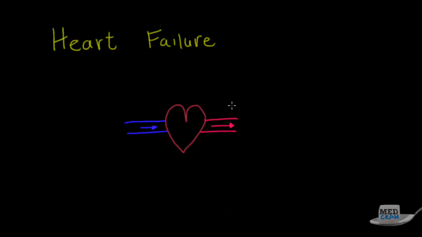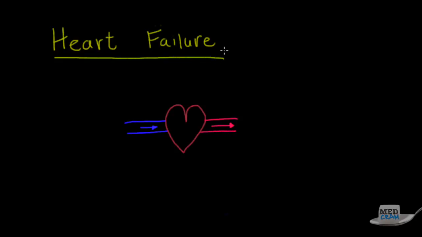Of course, in the pulmonic circulation, the arteries have deoxygenated blood, and the veins have oxygenated blood. And in the systemic circulation, all of the arteries have oxygenated blood, and all of the veins have deoxygenated blood. We'll talk about that a little bit later. But as you can see, the heart is meant to pump blood and have it flowing in the correct direction.